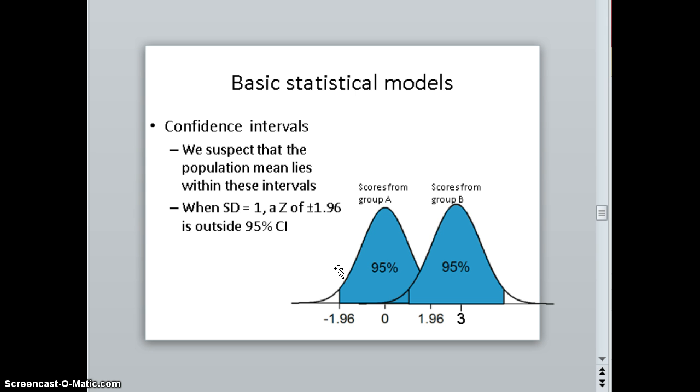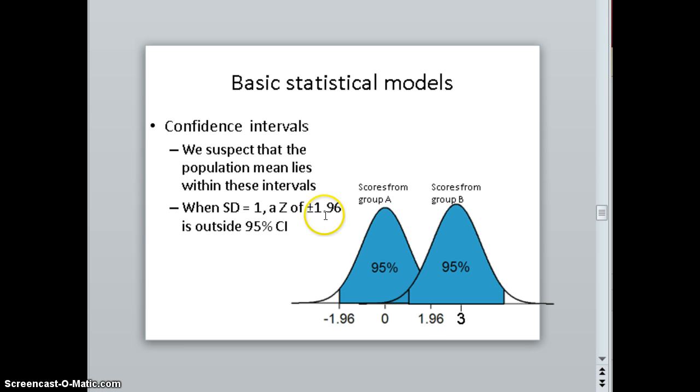So a z-score of more than 2, like here, okay, the z-score from group B, the average z, is at 3 standard deviations, or a z-score of 3, and that's far outside the 95% confidence interval that we would usually use. Usually people use a 95% confidence interval.